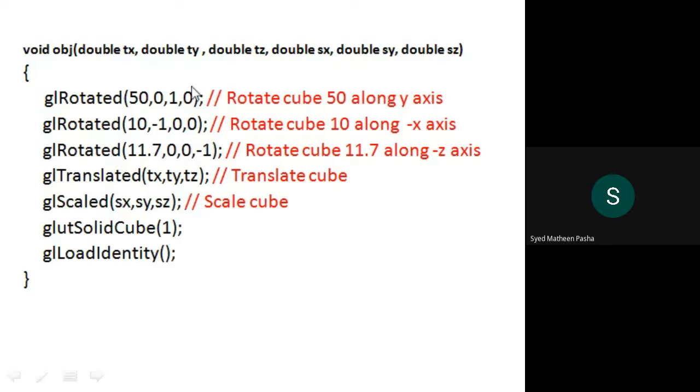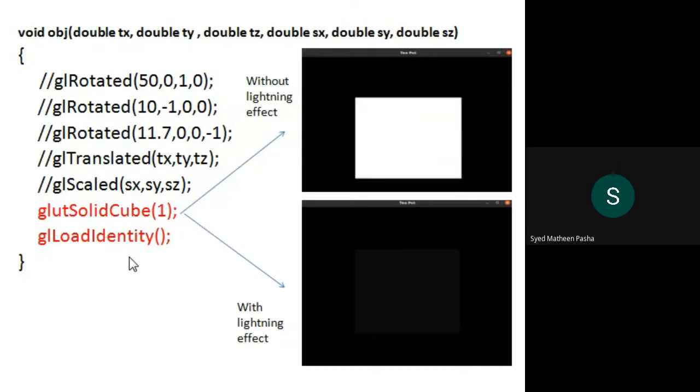Then once the cube is rotated, I will translate it as well as scale it so that it will come in the position of a wall there. Then I'll be using glutSolidCube to represent a cube. Then I will load the identity matrix to the program. Then, as I told, once the rotation as well as translation is in, if I call the glutSolidCube function, what happens?